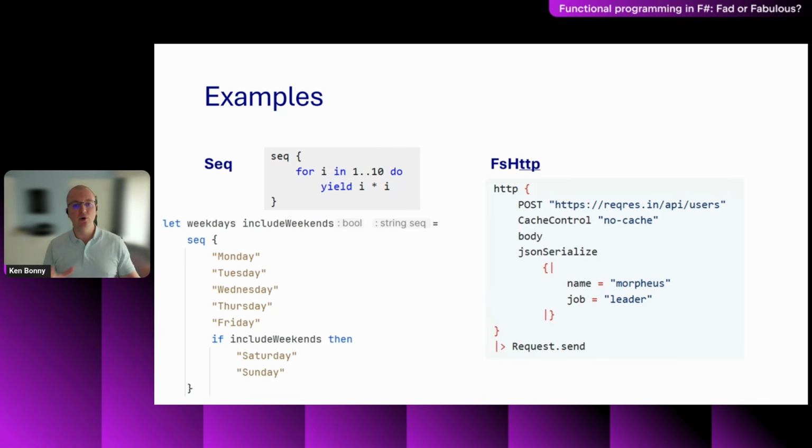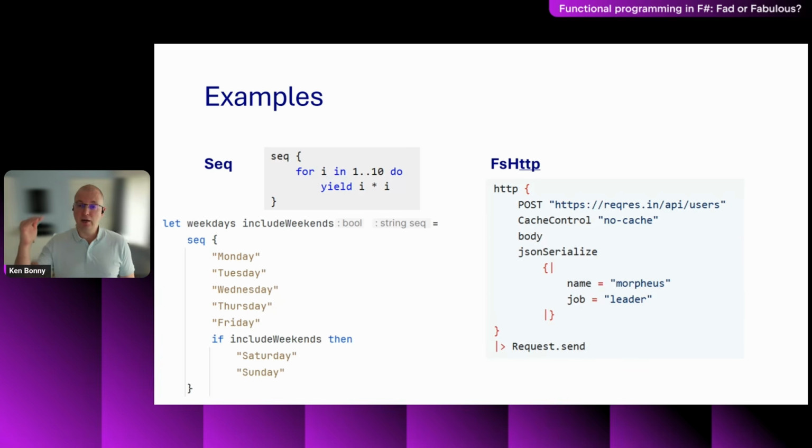We can take this even further, for example, with the FsHttp NuGet package, and this allows us to create HTTP requests with specialized syntax. For example, there is no post keyword in the F# language, yet here we can use it to describe what kind of request we want to build and to what endpoint we want to use it.